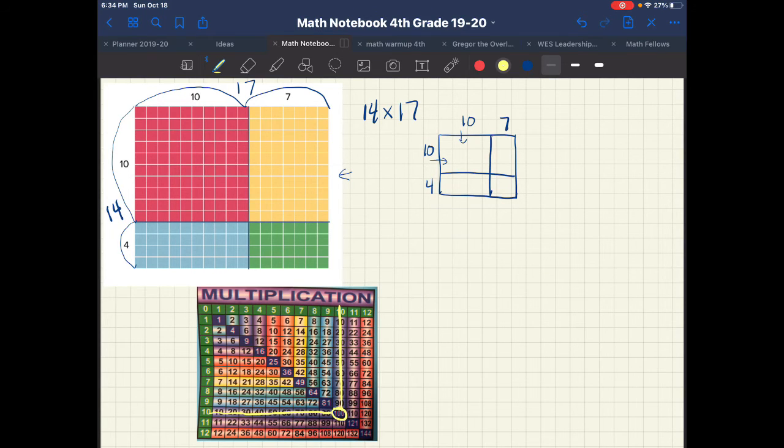They meet right here at 100. So 10 times 10 is 100. 7 times 10, we just did that on the last problem. Hopefully remember that 7 times 10 is 70. So we are matching this up. 70 right there. This was 100. So these guys are in the same place as these.